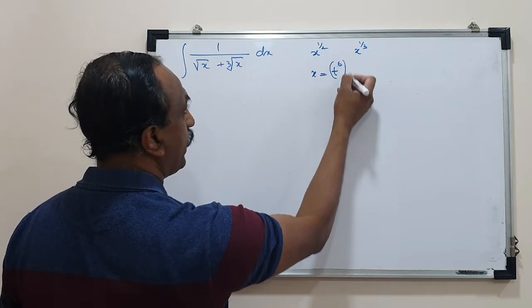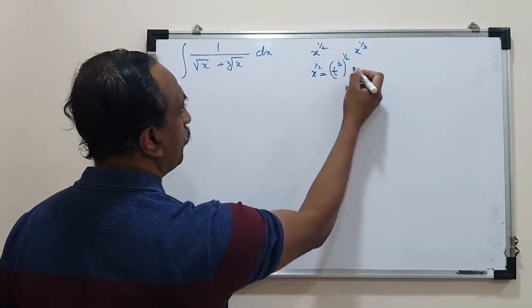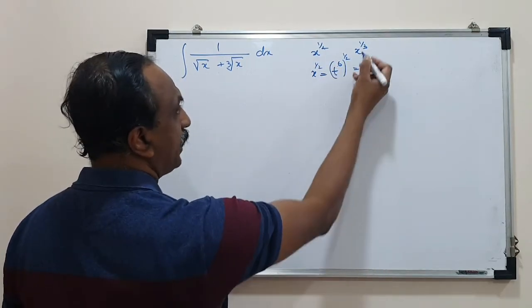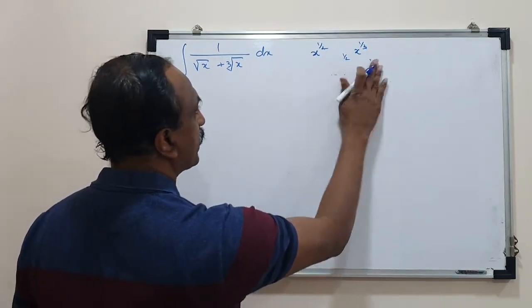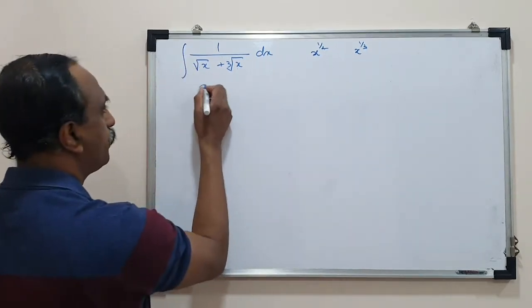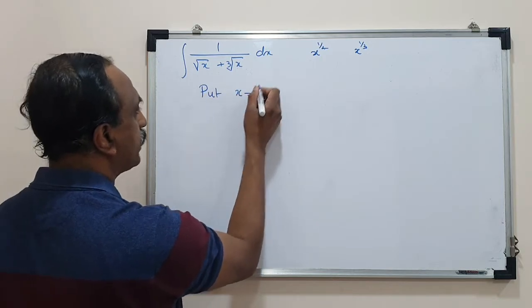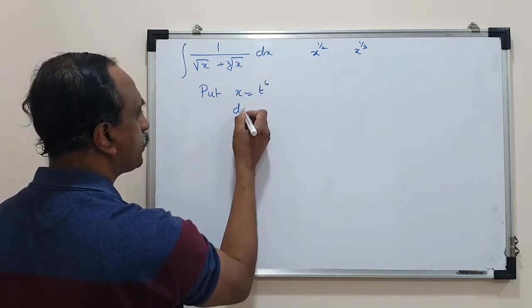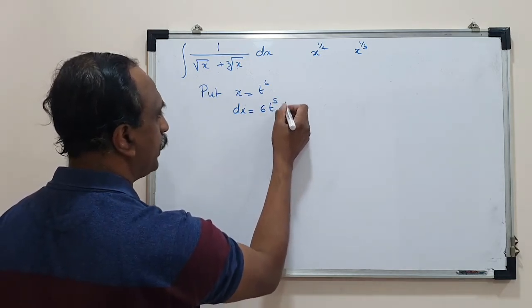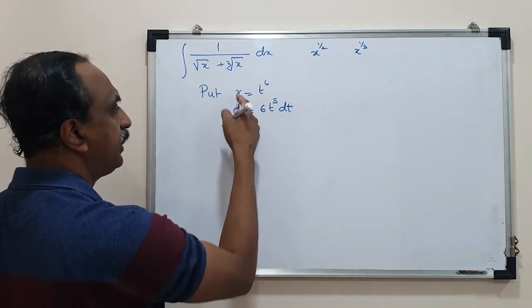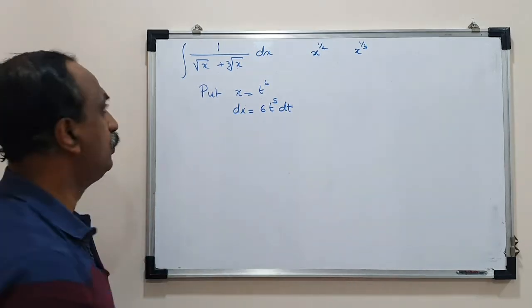So if I now take the power as 1 by 2, it becomes t cube. And this will become t square. So I will be able to do the problem. So let's have a look at it. So here put x equal to t raised to 6. So dx became 6 t raised to 5 into dt. I've directly done dx by dt, I cross multiply dt now.